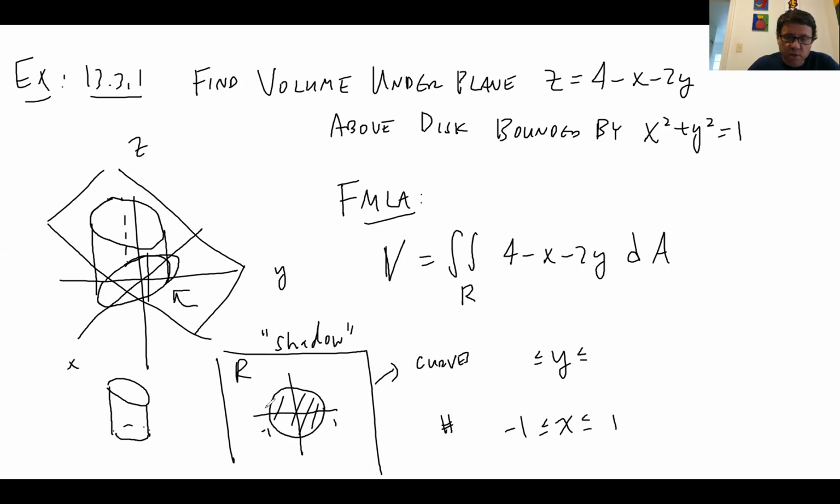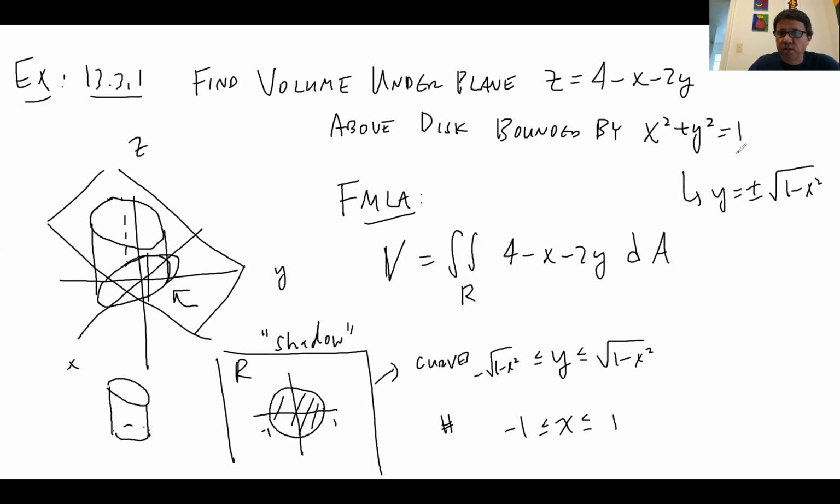But the curves are the top half circle and the bottom half circle. So if you solve for y, you get plus or minus the square root of 1 minus x squared. So the lower curve, the lower half circle, will be negative the square root up to the positive square root.